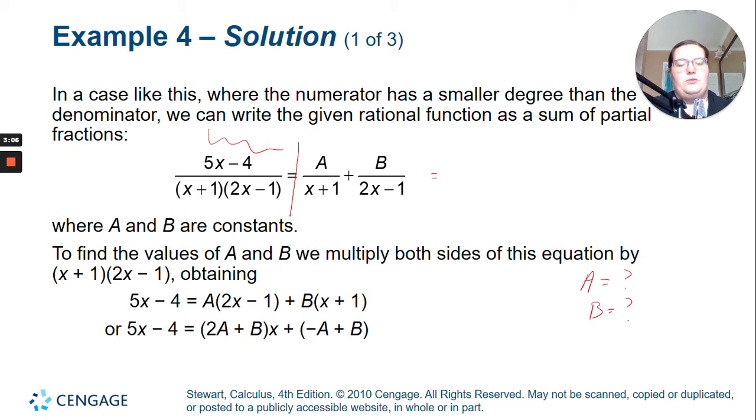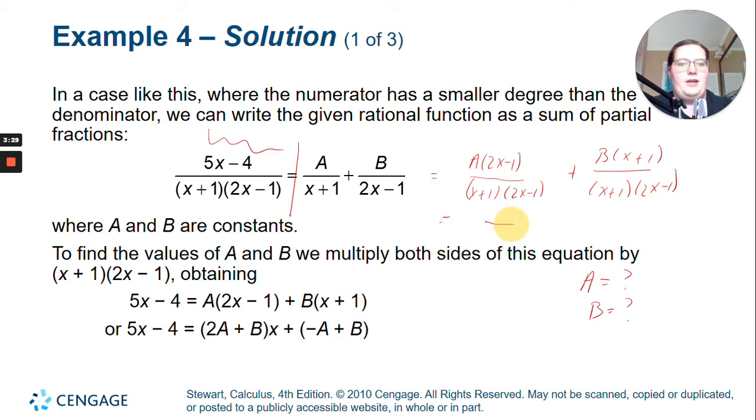So I need to multiply this first fraction by 2x minus 1, and I need to multiply the second fraction by x plus 1, over x plus 1 times 2x minus 1.